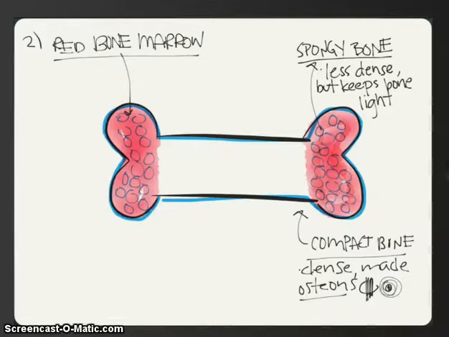And as might be somewhat intuitive, red bone marrow is responsible for making all of your blood cells, primarily because they contain something we're going to abbreviate called HSCs, and it stands for hematopoietic stem cells. Let me spell that out. Hematopoietic stem cells.